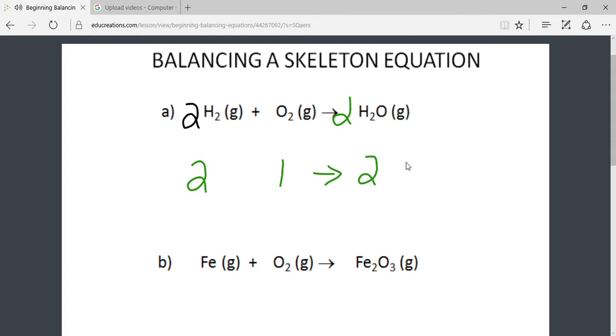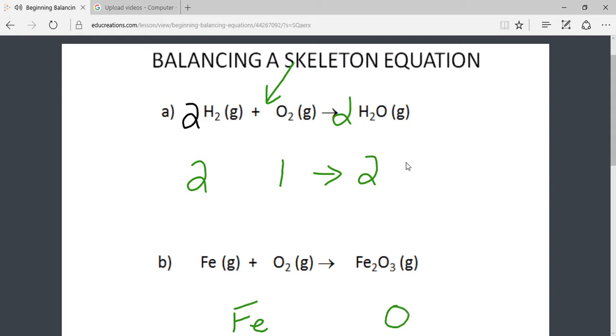Therefore, the balanced equation has these ratios of reactants to products. Recognize that whenever a coefficient is not written in front of a reactant or product, it represents the value of 1. Let's now look at the B example. The atoms present on each side of the reaction would be the iron and oxygen atoms.